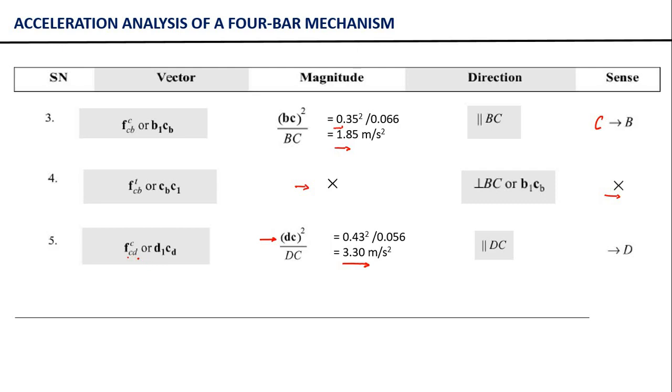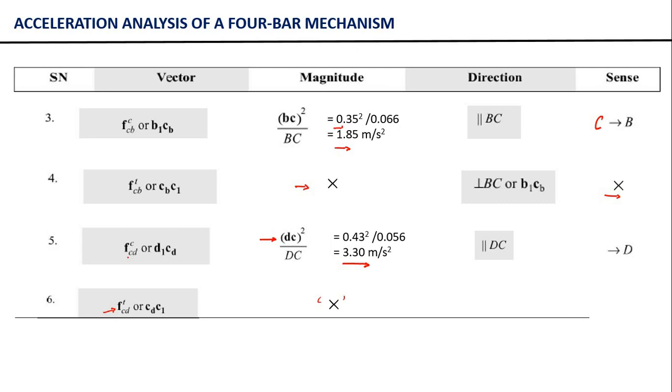Now let us move to the last one. The last vector is again FCDT. Again the question arises, do we know the magnitude of this vector? The answer is no, because right now we don't have any idea about the angular acceleration of link CD. Alpha is not known, so it is not possible to calculate the tangential acceleration component for this vector. But do we know the direction?